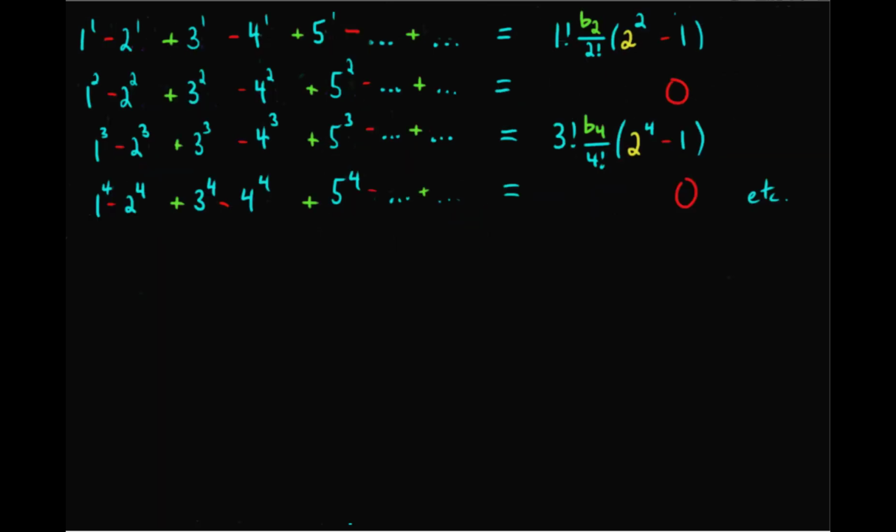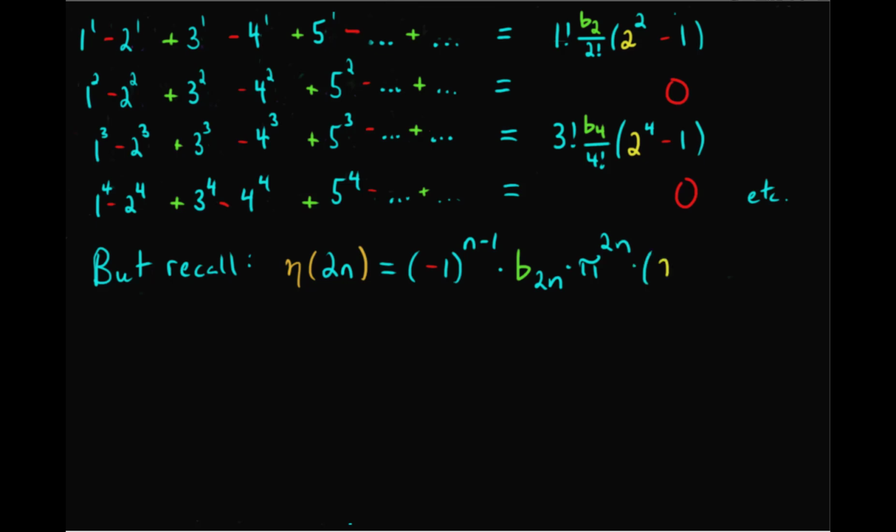And this is where things get really interesting, because remember that we already determined a formula for the eta function, which represents the alternating sums of the reciprocals of powers, in terms of the Bernoulli numbers. Specifically, we found that eta of 2n equals negative 1 to the n minus 1 times b sub 2n times pi to the 2n times the quantity 2 to the 2n minus 1 minus 1, close parenthesis, all over 2n factorial.